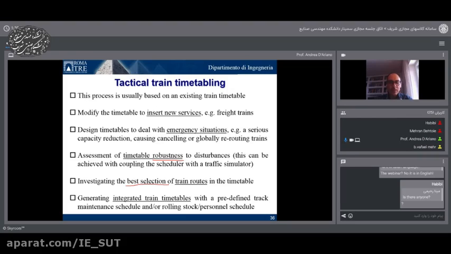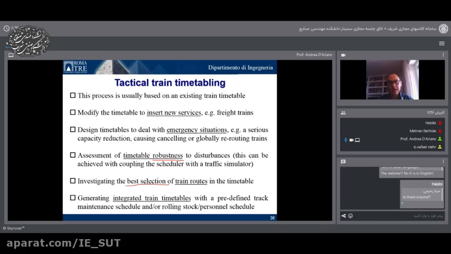And twice, the competition was about how to find the best integration between train timetabling and maintenance scheduling. Other types of integration can deal with rolling stock circulation and timetabling, or with personnel scheduling and timetabling, so crew scheduling and timetabling.